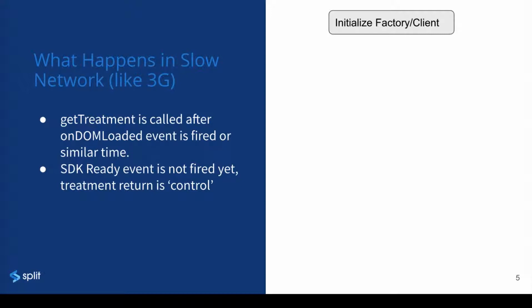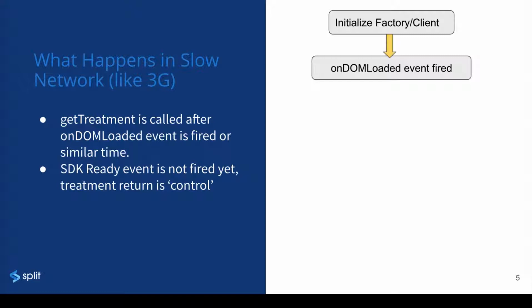Another issue is when you do the getTreatment call not based on the events that the SDK is firing, but based on a different event within the browser. For example, you might call getTreatment after the onDOMLoaded event fires, since you want to make sure all the DOM objects are loaded, then you can do the getTreatment, so you can enable or disable whatever DOM object.